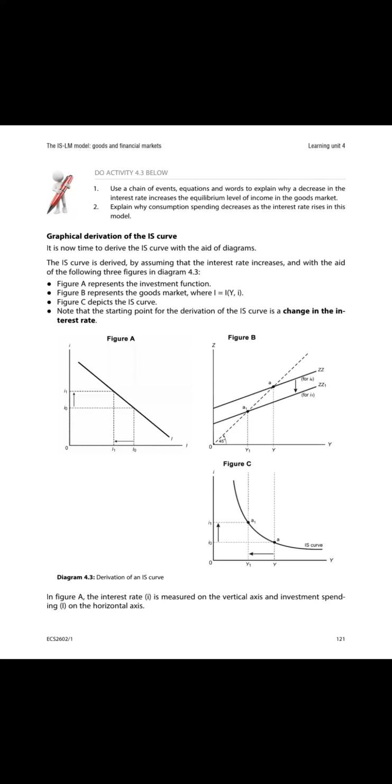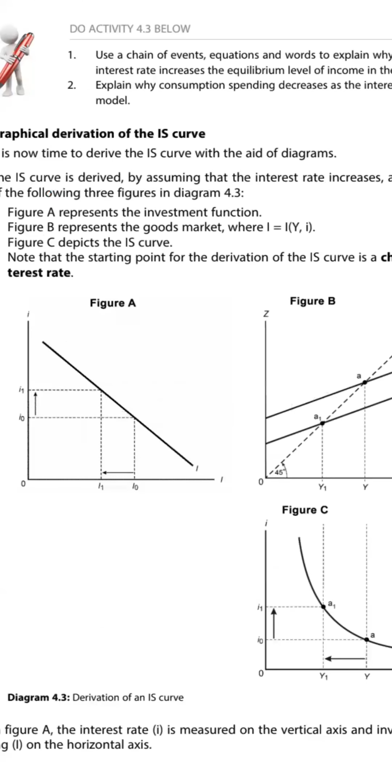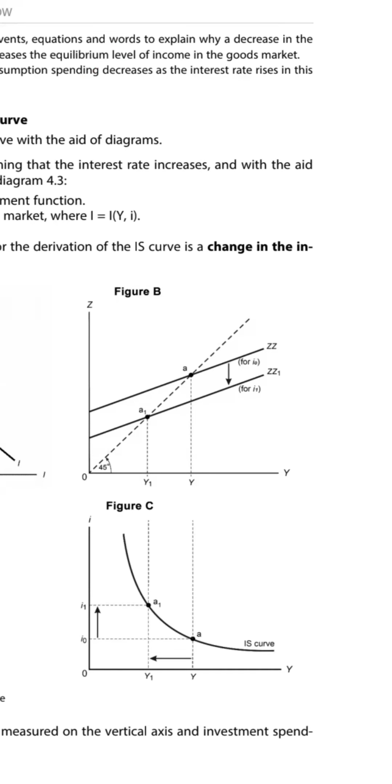If you go down to Fig C, that gives you the relationship between the interest rates and Y. How that is derived is that we look at what happens when your interest rates are varied on the first diagram, which is figure A. On the goods market, on figure B, on the ZZ curve, we can see that whenever the interest rates were changed and the investment spending went down, the result was a downward shift on that curve.